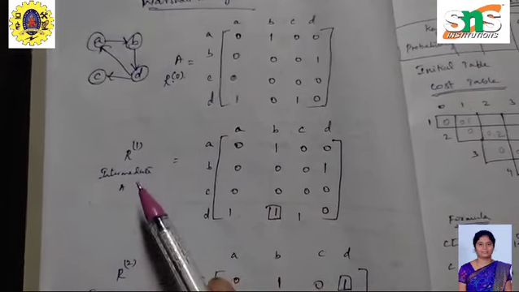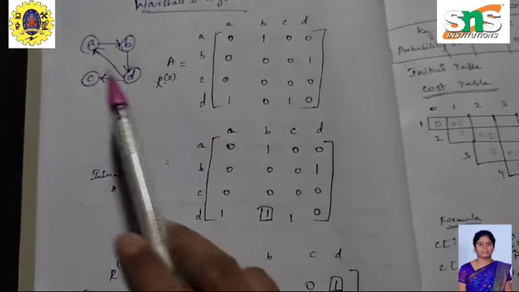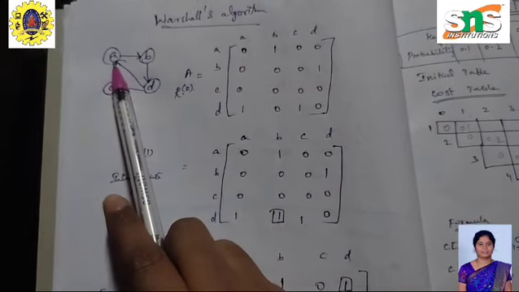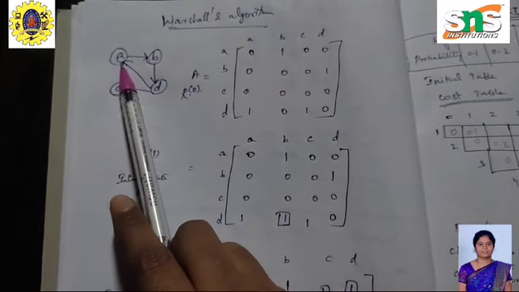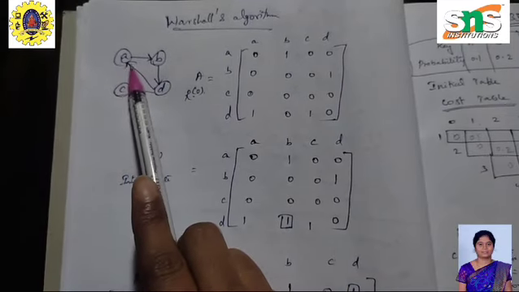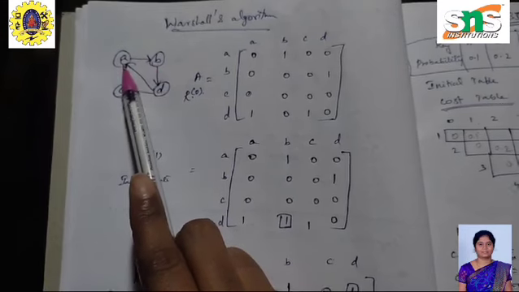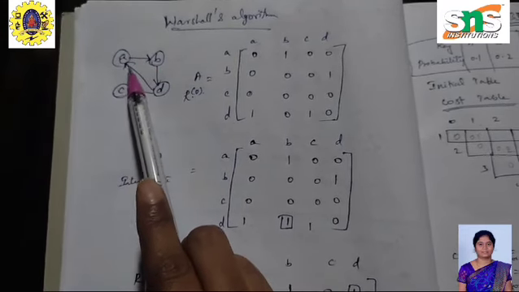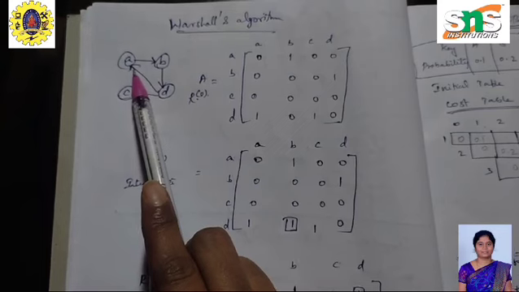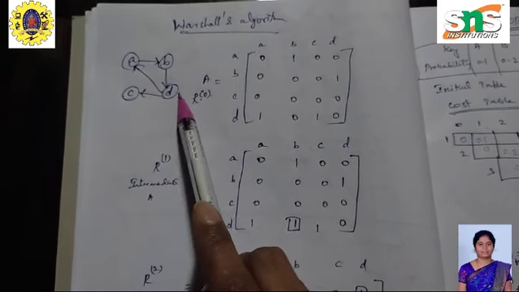So here it is R1, and A is the intermediate node. If I open this particular node, then what will be the answer? From A to A I don't have a connection, so it is 0. From A to B I already have a connection. From A to C I don't have a connection if the intermediate node is A. And A to D also I don't have a connection, so it is 0.